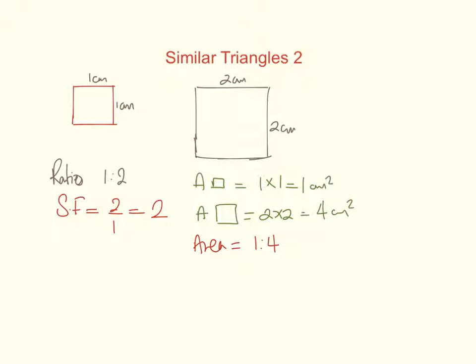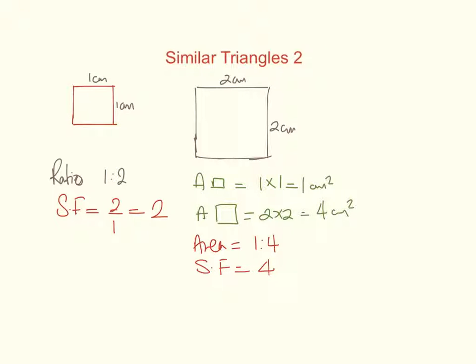Now, if you think of it very carefully, you're going to see that before, when we were just looking at the length of the sides, the ratio was a 1:2 ratio, but now the area is a 1:4 ratio. It also means that the scale factor, which I'll write down here, is going to be 4. Well, long story short, is simply this.